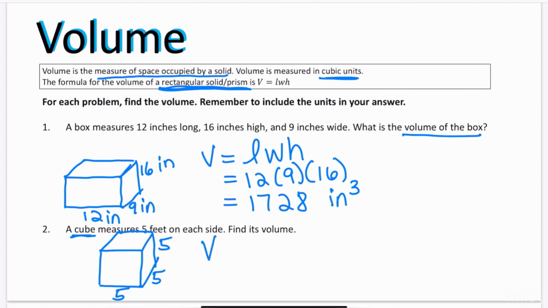So to figure out the volume, which is also length times width times height, or just a side to the 3rd power, a side cubed. And that's kind of where you get the whole word cube from. So here it's 5 cubed, which is 125. And then this is feet, so cubic feet. And there you have it. That's how you find the volume of a rectangular prism and a cube.